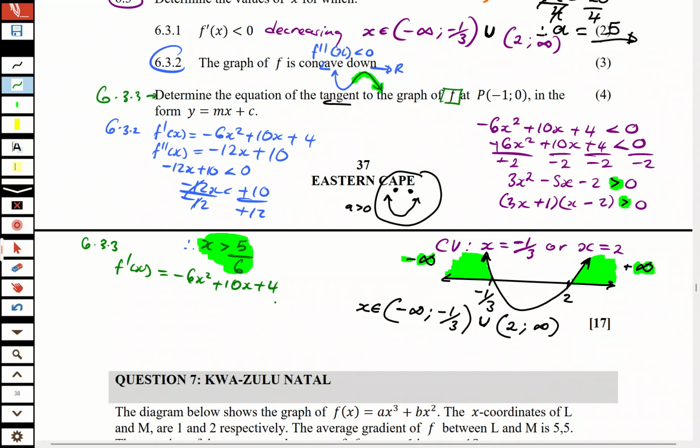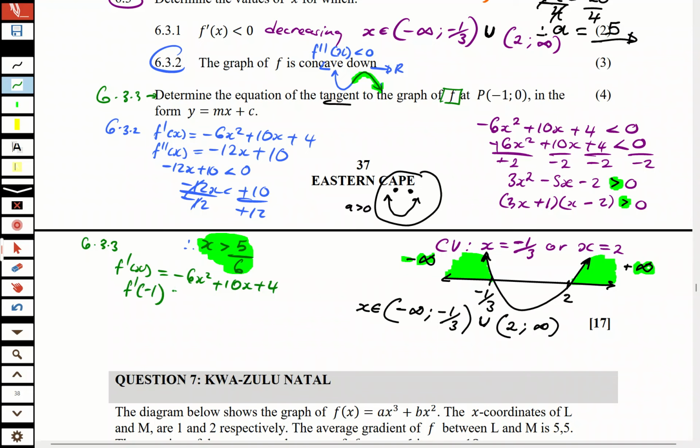Whenever you add something to this reaction, it gives you something different every time. When you keep changing your reactants, it keeps giving you a different gradient. So now at x is equal to -1, let's find the gradient there.